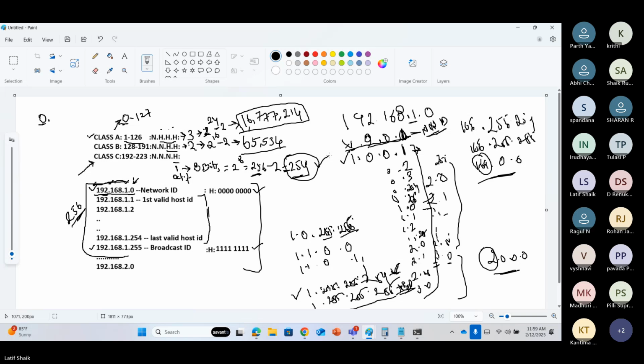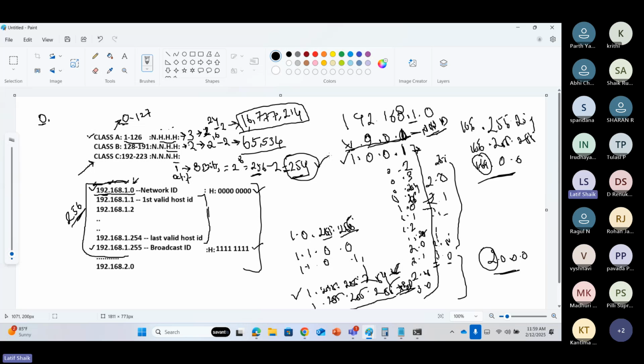Class C only, because it gives 254. Very good. Now 100 more are added, so totally 200 devices. Which class? Still the same class C, same network only. No problem.